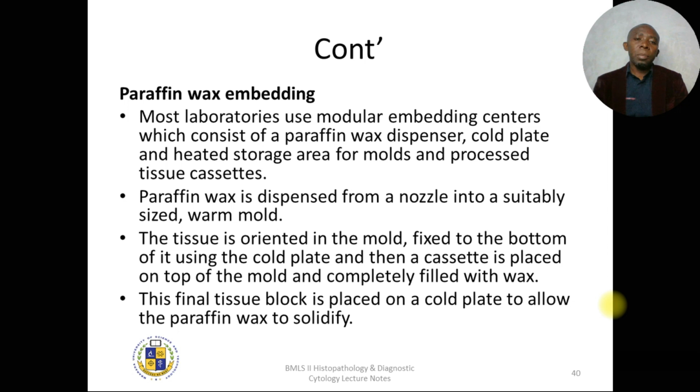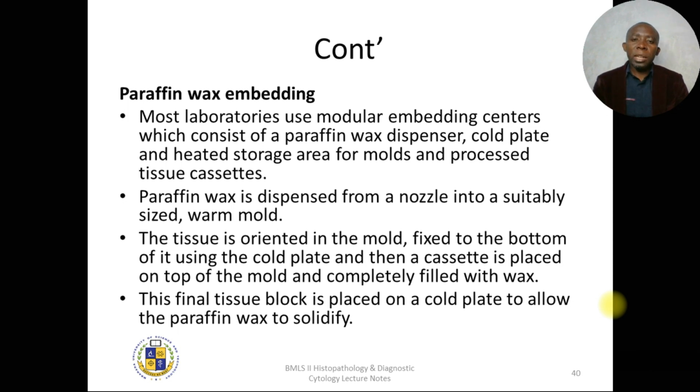But moving on, paraffin wax is dispensed from a nozzle into a suitably sized warm mold, and you choose the size of the mold depending on the size of the tissue you have in the cassette. So you look at the cassette, you look at the size of the tissue in there, and then you choose a mold that can accommodate the tissue without going over or filling up the mold.